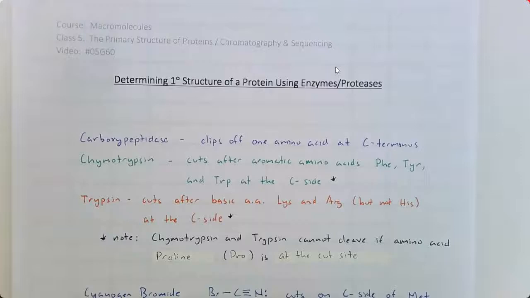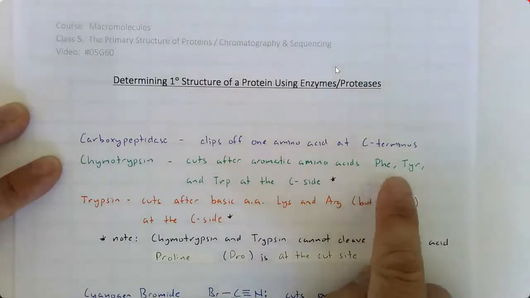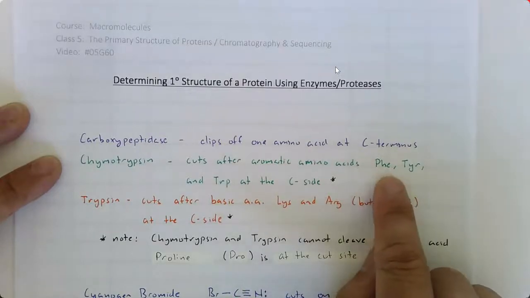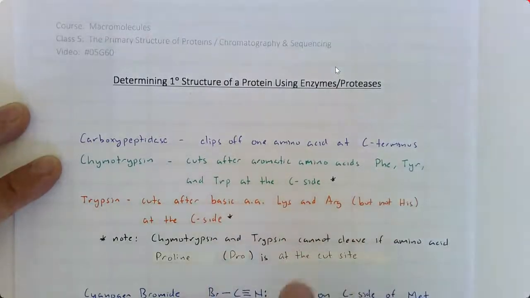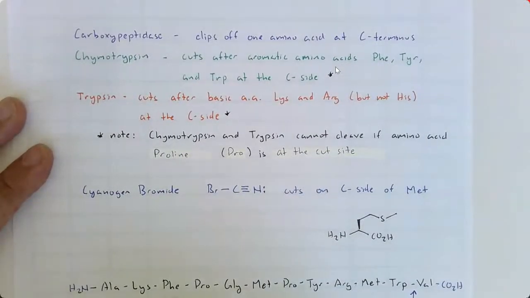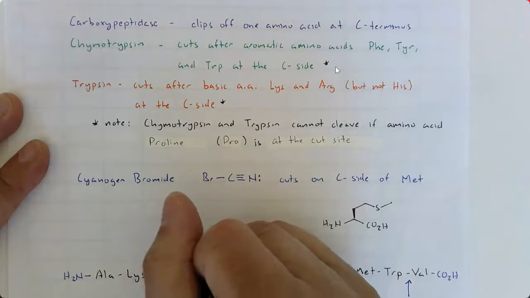Okay, that's carboxypeptidase. Chymotrypsin, we have in green, cuts after the aromatic amino acids, the ones that have benzene rings, at the C side. Okay, here is phenylalanine, and so chymotrypsin can cut here.